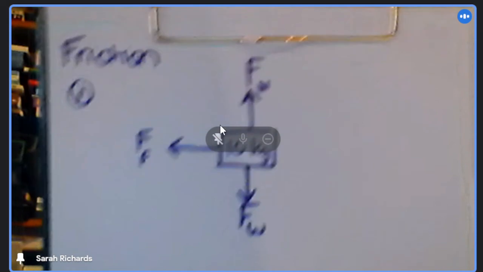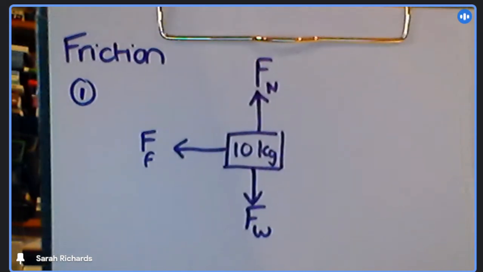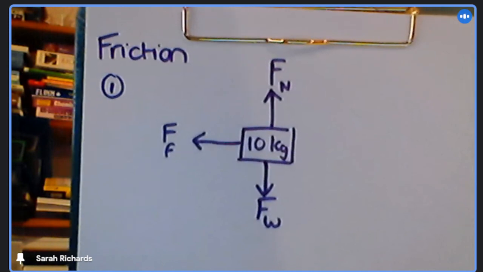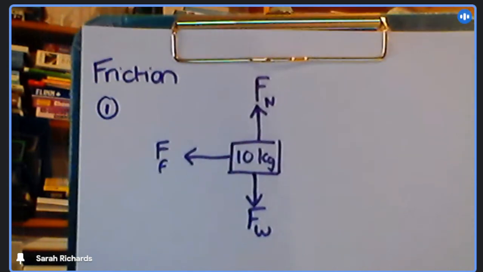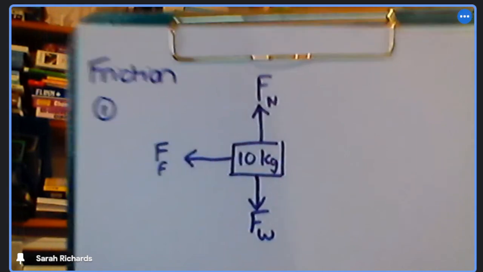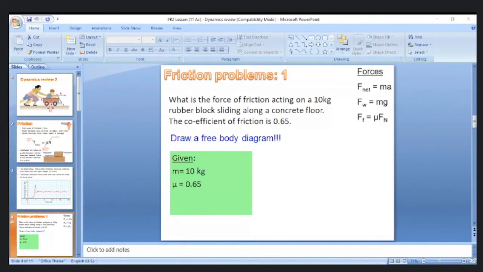So I know that the normal force is going to be equal to the weight here, because the object is neither sinking into the ground nor floating in the sky. It's just resting on the surface.